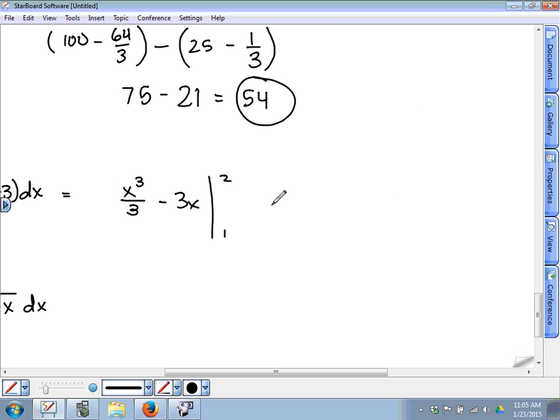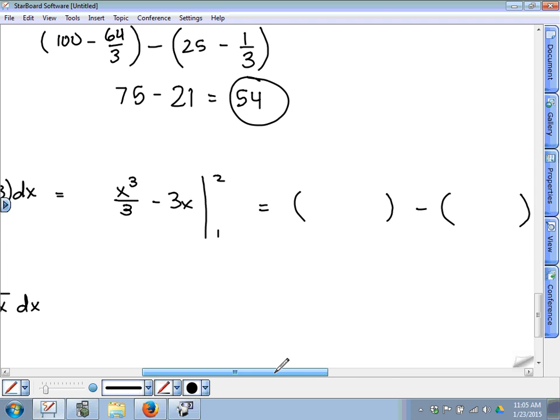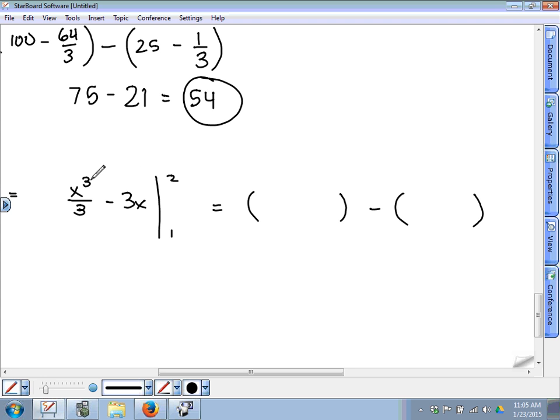So the antiderivative at 2 minus the antiderivative at 1. 2 cubed is 8, so it's 8 thirds minus 6, and over here, 1/3 minus 3. 6 can be 18/3, 3 can be 9/3.